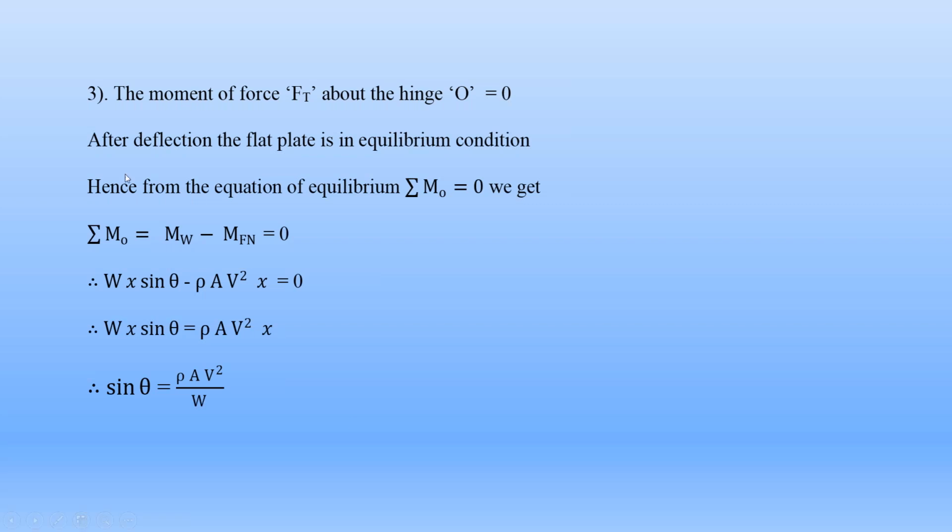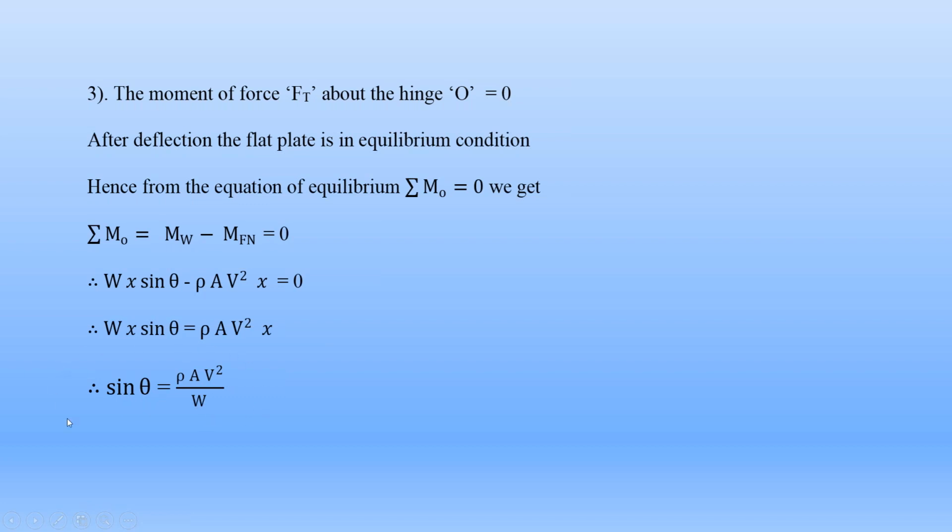Bring the second term to the right side. So this equation becomes W x sin theta is equal to rho A V square into x. Cancel the x on both sides. So from this equation, you will get sin theta is equal to rho A V square by W.